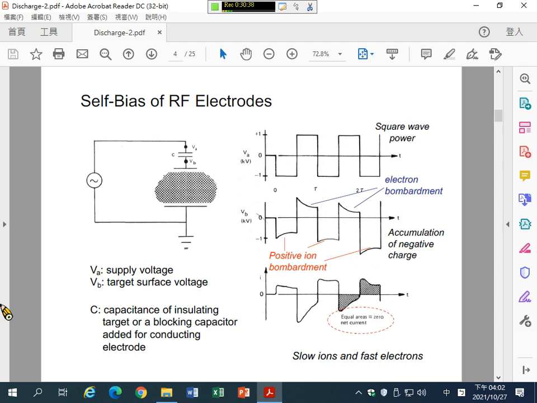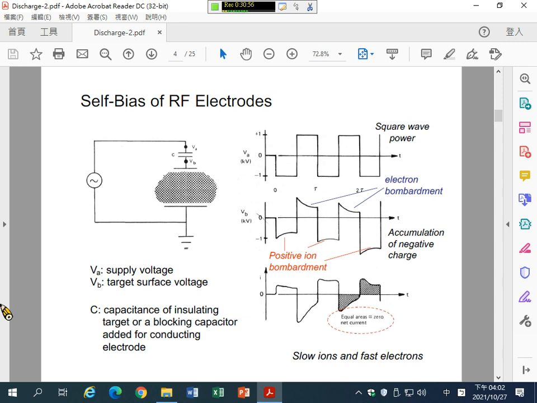From this figure, at time zero here, the VA, the output connected to VA here, the voltage, for example, is minus 1,000 volt.